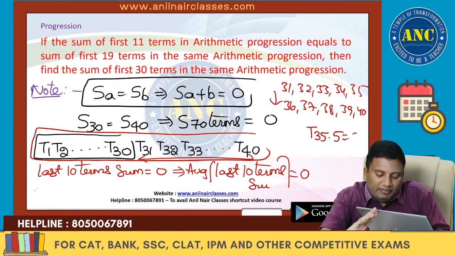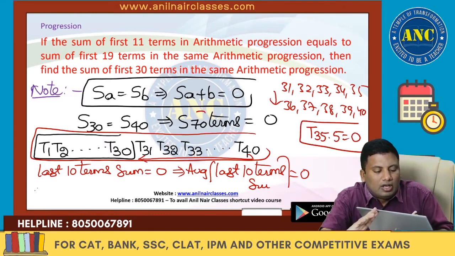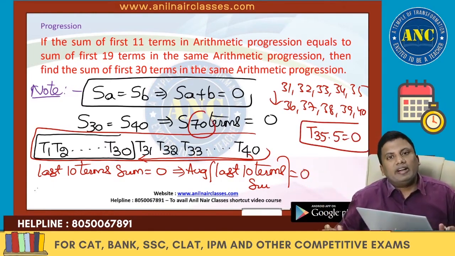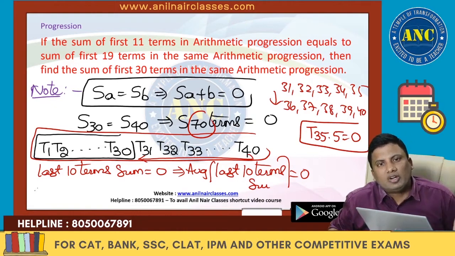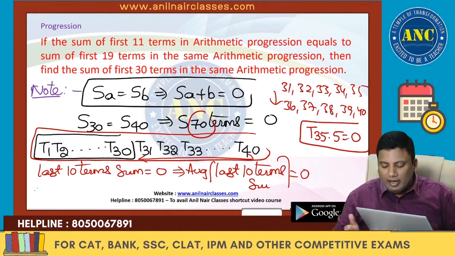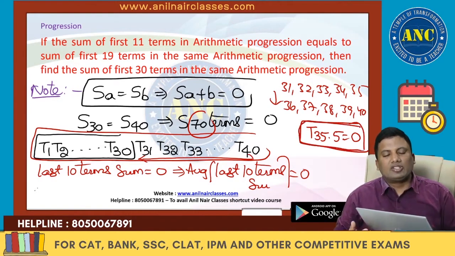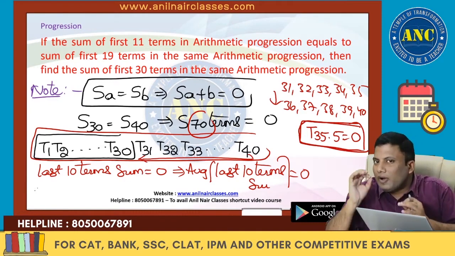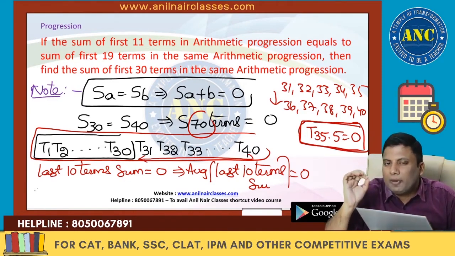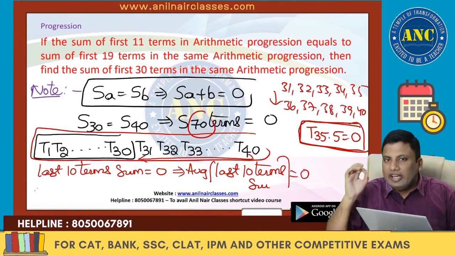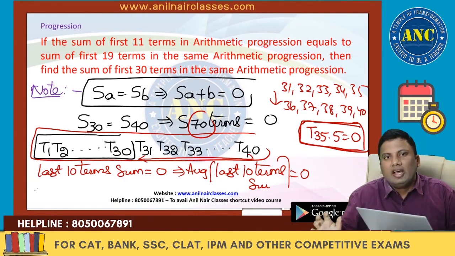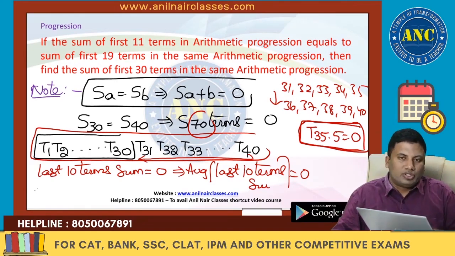If T35.5 is 0, 70 terms means 35 to the left, 35 to the right. The middle value is T35.5, which is also 0. SA equivalent to SB, S(A+B) equivalent to 0.